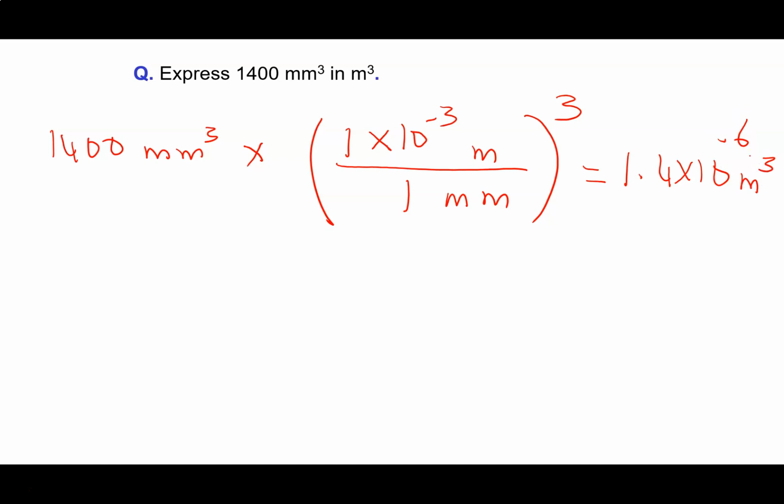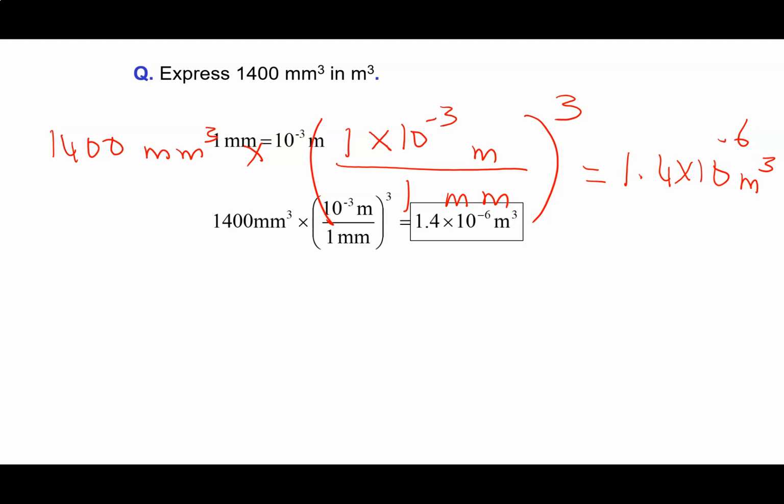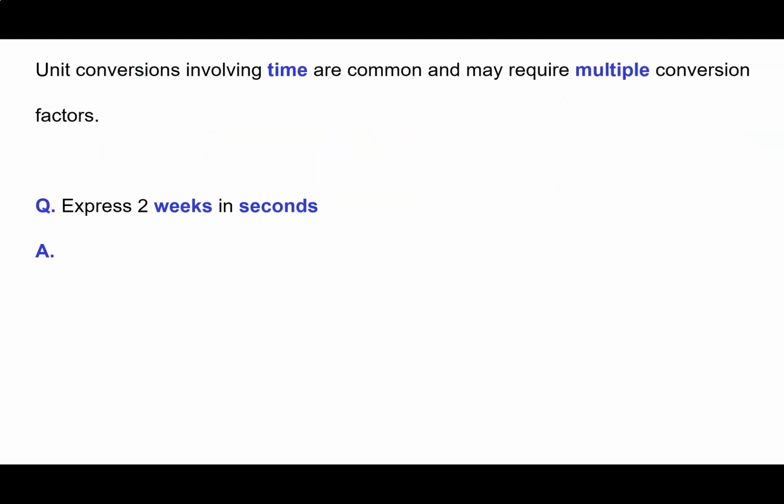So we have to be careful there to cube our conversion factor. All right, so you get the idea, and if these were area unit conversion problems, we would be squaring our conversion factor.